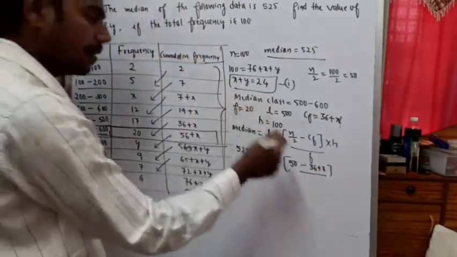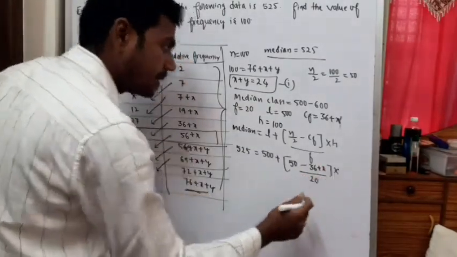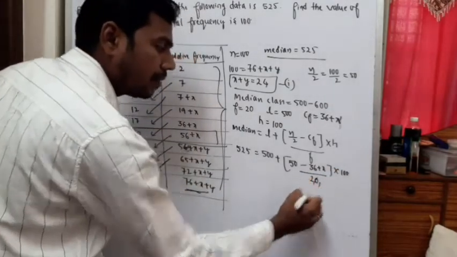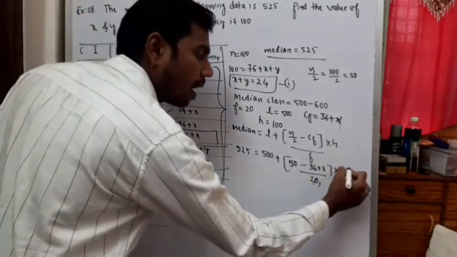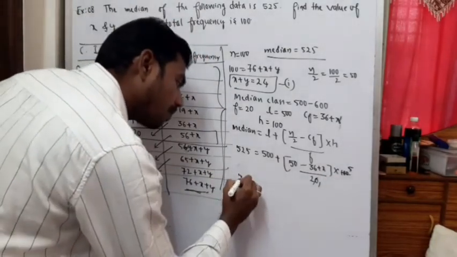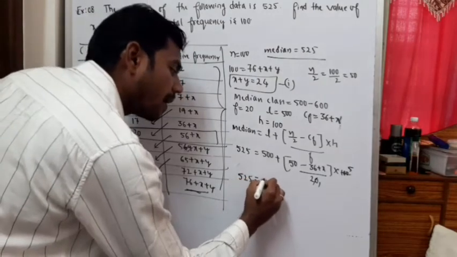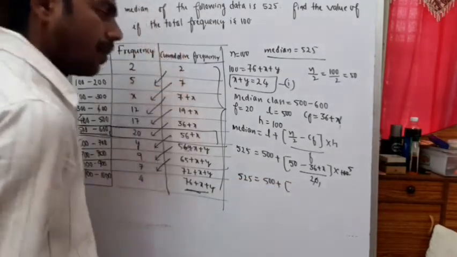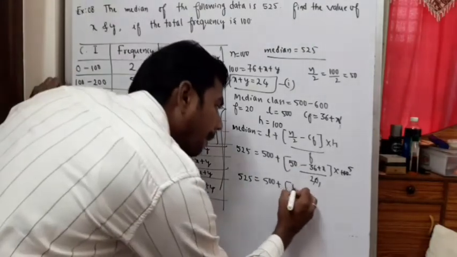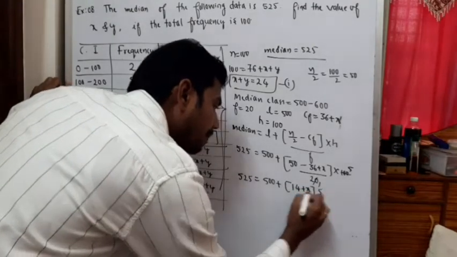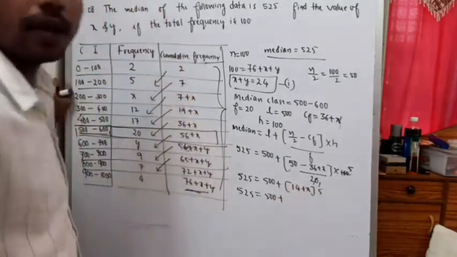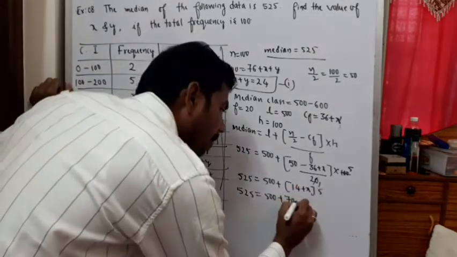F is nothing but 20 into what is H? H is nothing but 100. So 20 ones are 20, 20 fives are 100. So 525 is equal to 500 plus 50 minus 36, which is nothing but 14 plus x into 5.